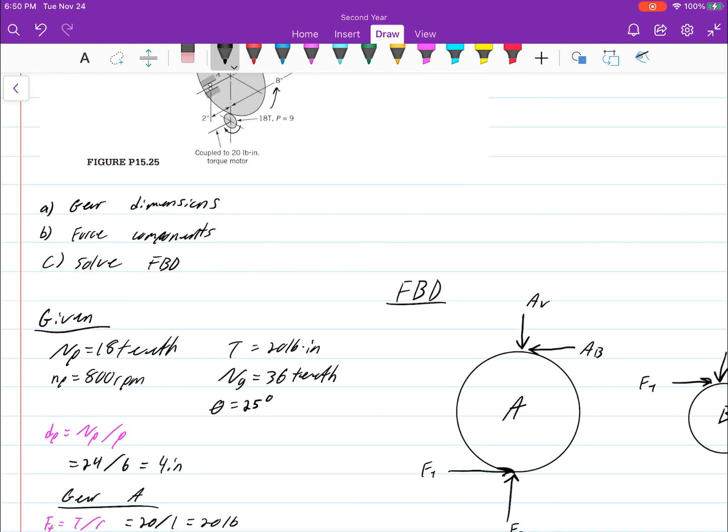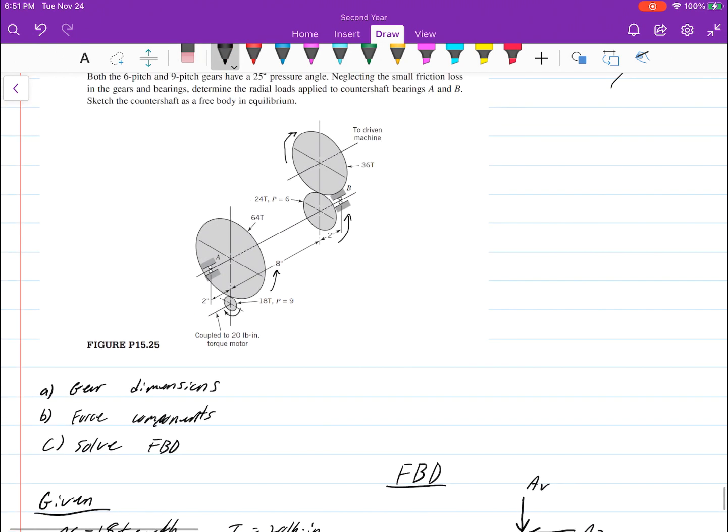So for the assignment, we're going to specifically look for the gear dimensions, the force components, and then we're going to solve the free body diagrams.